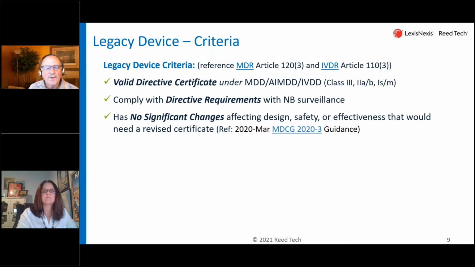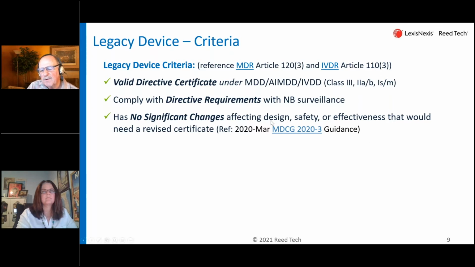And then the third one there is a particular topic that sparked a lot of conversation in industry. No significant changes affecting design, safety, or effectiveness that would need a revised certificate. So industry was very, there was a lot of churn, put it that way, very much in confusion about what is the definition of a significant change.